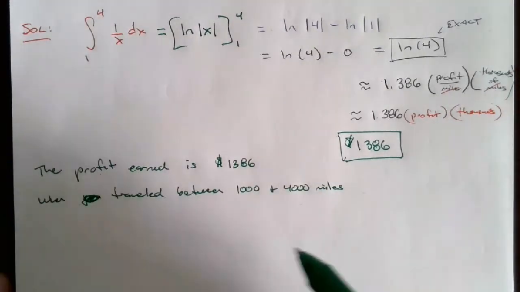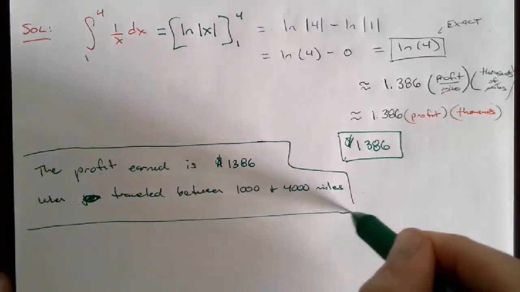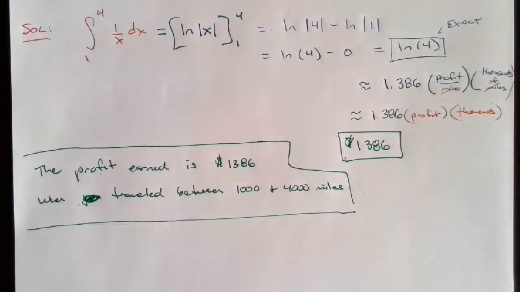So when you travel between 1,000 and 4,000 miles, the profit you earned was $1,386.